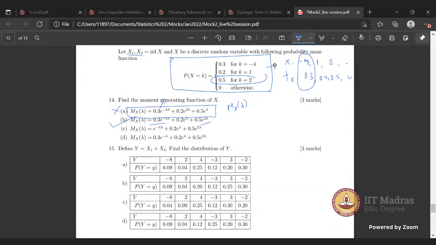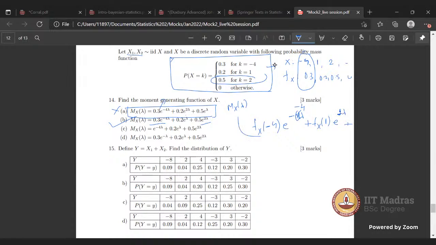So you just have to write fX of x: fX of minus 4 times e to the power minus 4 lambda, plus fX of 1 times e to the power lambda times 1, since x is 1, so 1 times lambda.